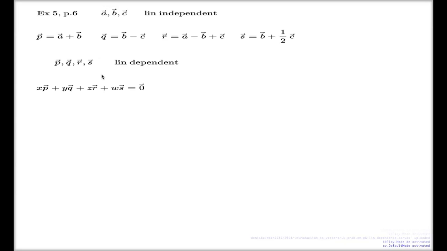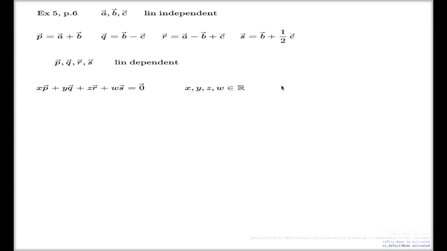Yes, and we have to ask whether we will be able to find, one way or another, doesn't matter which way, some choice for these coefficients. I use the letters x, y, z, and w for those numbers, real numbers. Can we find such numbers such that not every one of them is zero?